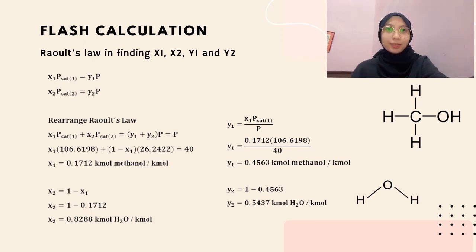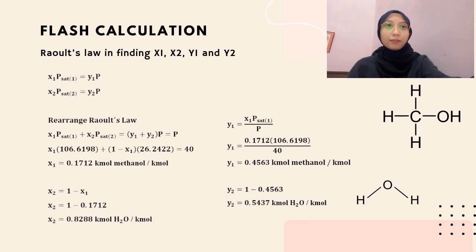Since we already calculated P_sat for both substances in the previous slide, we substitute the values back into the rearranged Raoult's law equation and get X1 equal to 0.1712 kmol per kmol. For X2, we can calculate using 1 minus X1 and get 0.8288 kmol H2O per kmol.